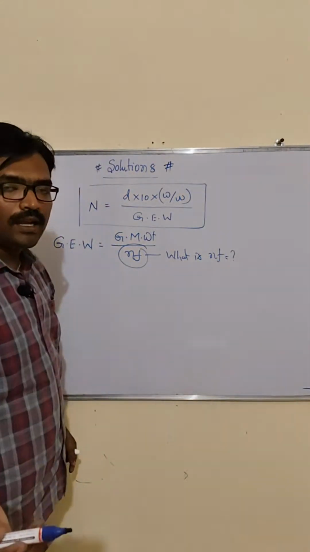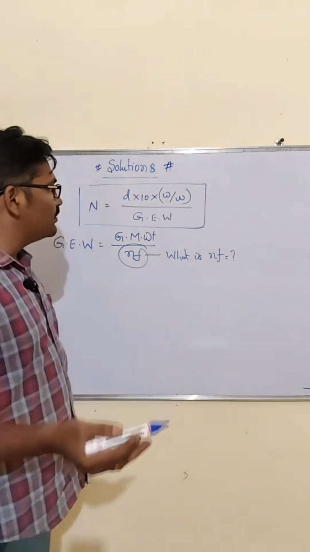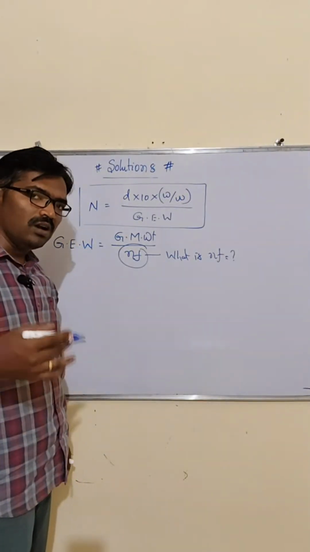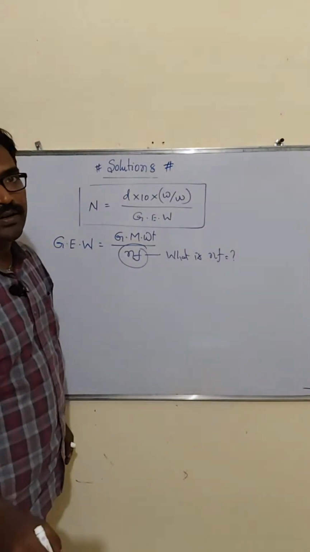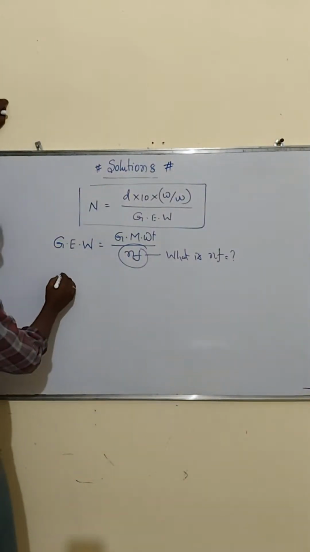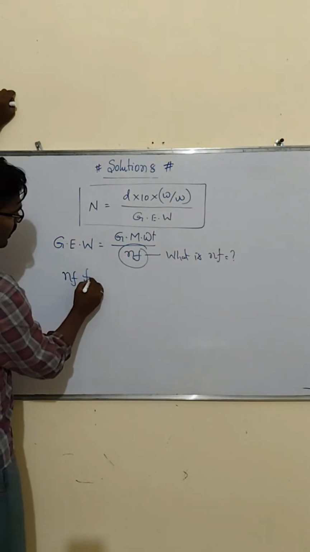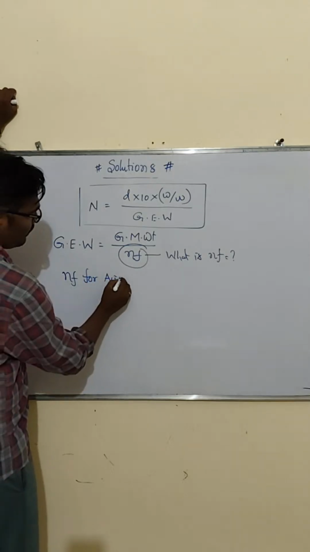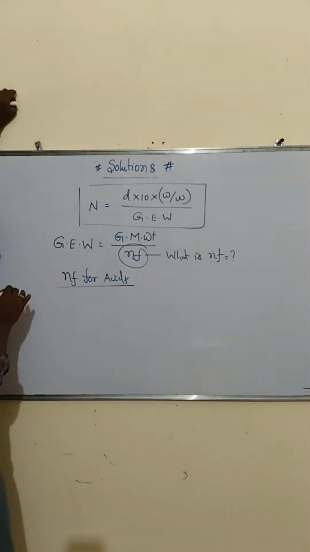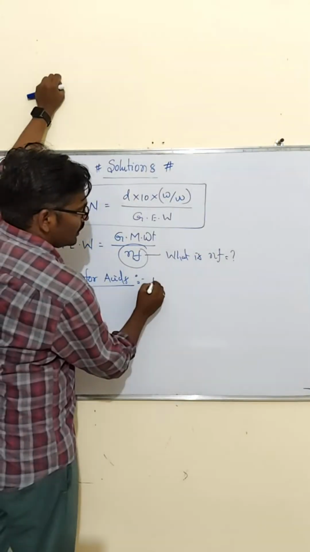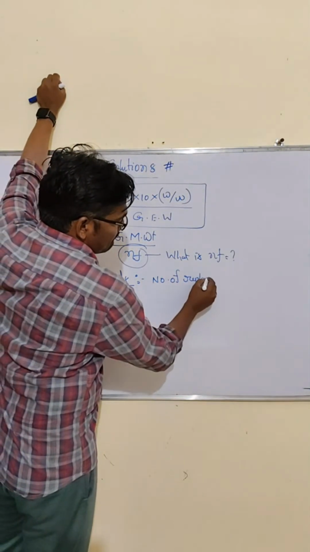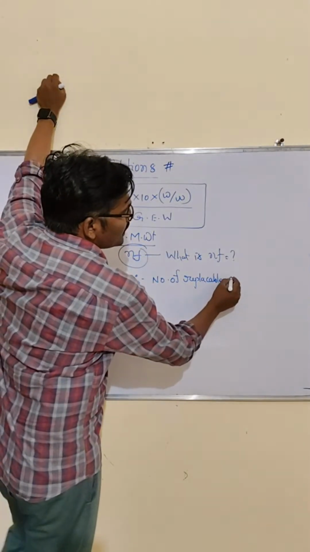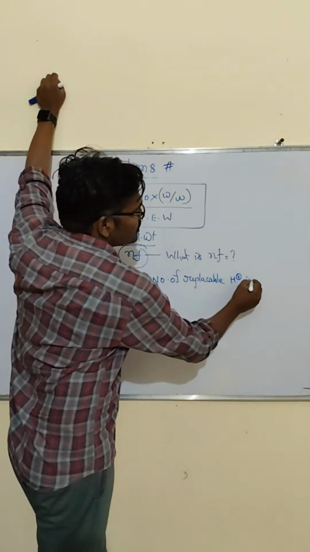The n factor is different for acids, bases, salts, and even for oxidizing and reducing agents. For acids, the n factor is the number of replaceable H plus ions.